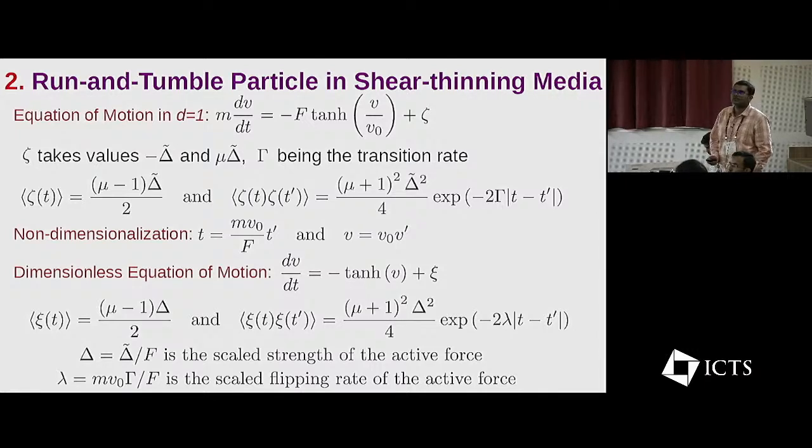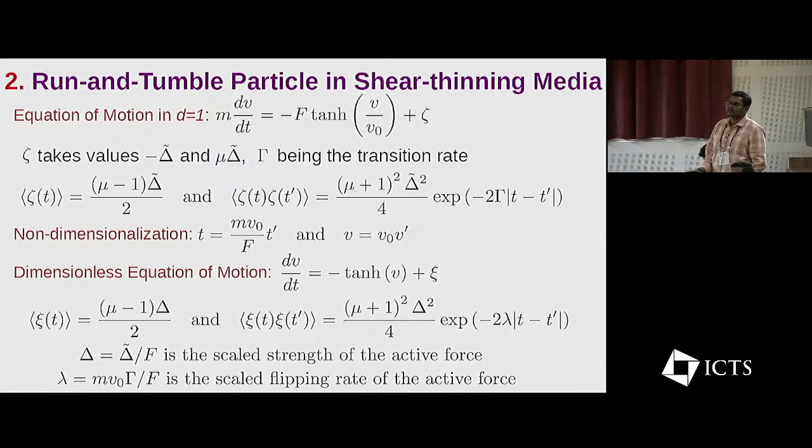Next, we non-dimensionalize this equation of motion by rescaling time and velocity of this form. So our equation of motion reduces to this. Here Xi is the scaled active force, the average value looks like this, and the correlation becomes something like this. And here lambda is the scaled flipping rate of the active force.